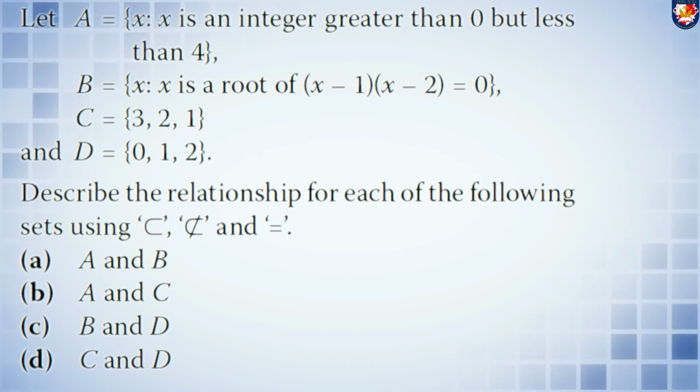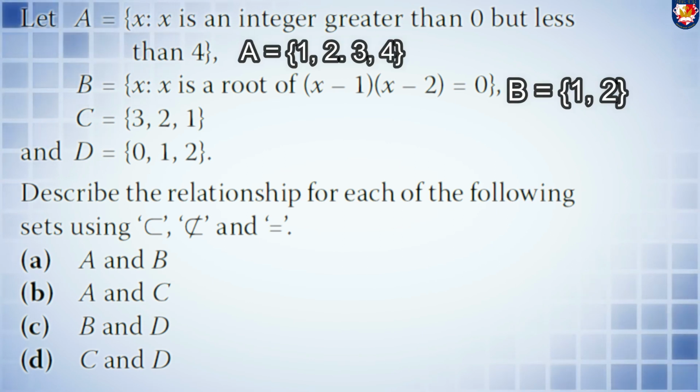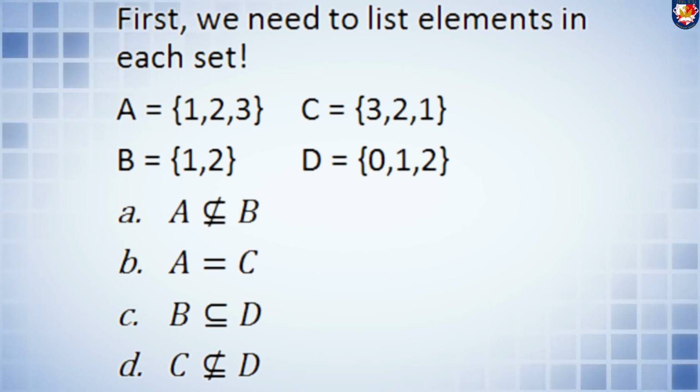We're going to find the elements of A and B. For A, integers greater than 0 but less than 4, which means 1, 2, and 3. For B, the roots of the quadratic equation are 1 and 2. So we have all the elements of each set, A, B, C, and D.